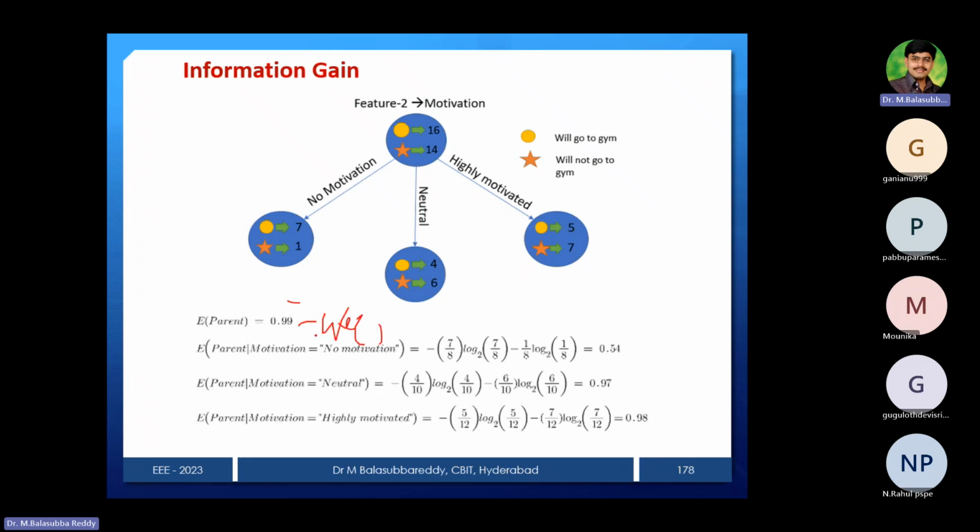First we have to calculate the weighted average: the no motivation portion multiplied with its entropy, the neutral motivation multiplied with its entropy, and the highly motivated multiplied with its entropy.